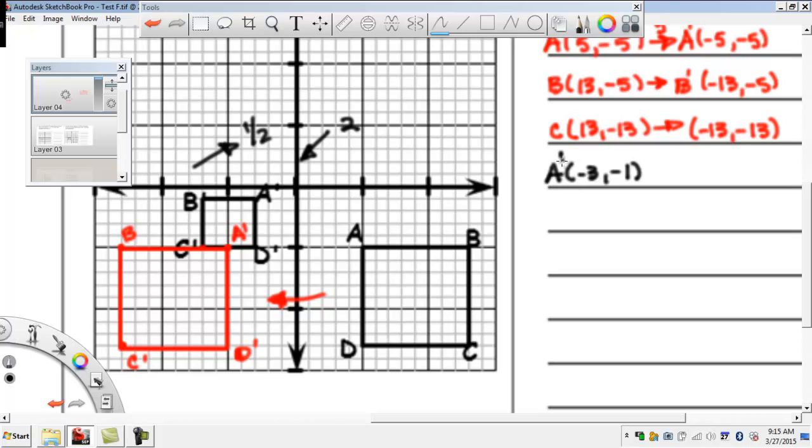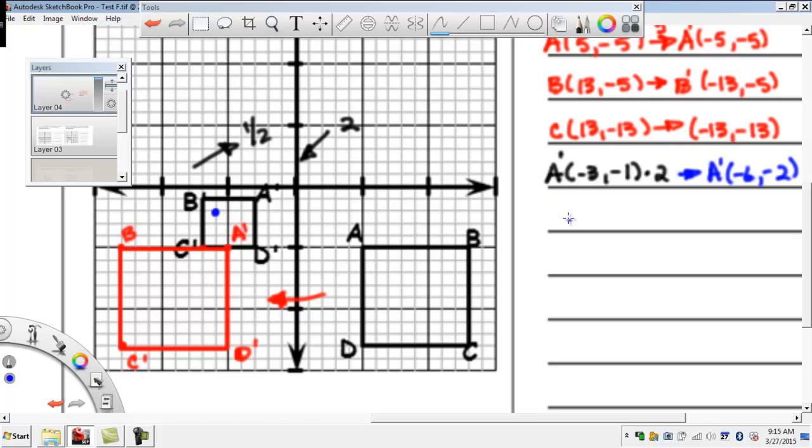The point A prime is at a negative 3 and a negative 1. I will times that by 2. Now it becomes an A prime of a negative 6 and a negative 2.